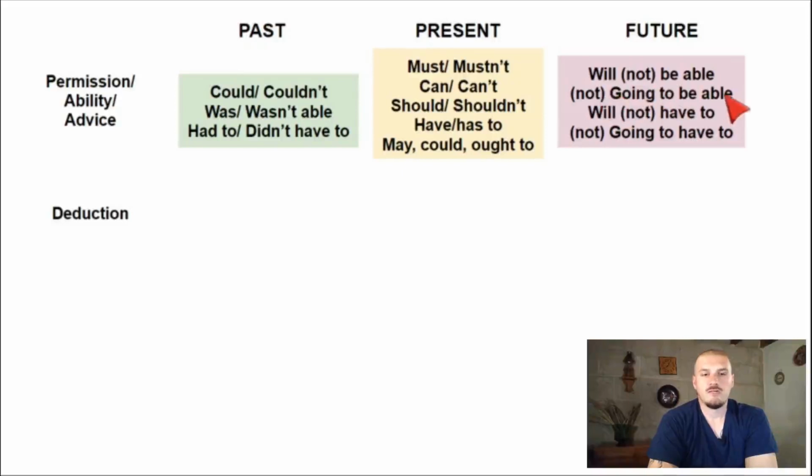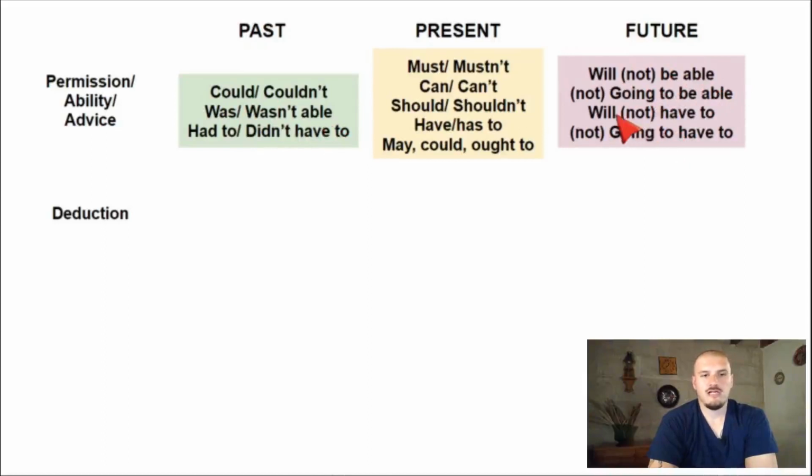I am not going to be able, no voy a poder. Okay? Pero no se puede decir, como dije en inglés, no se puede decir not going to can. No. Can is present only. And can't the same. Present only. For past we say could or was able. In future we say be able. Okay? Will be able, going to be able.